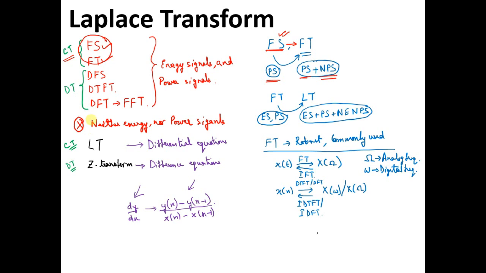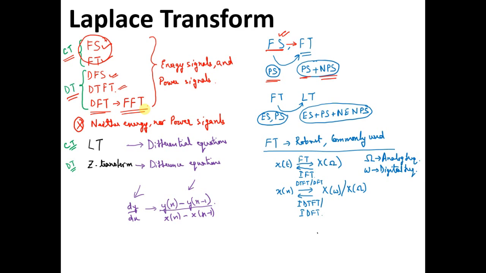Similarly, when we went into the discrete time signal processing transforms, we had the discrete Fourier series, the discrete time Fourier transform, and we have also discussed the discrete Fourier transform and using the fast Fourier transform for the implementation of the DFT.